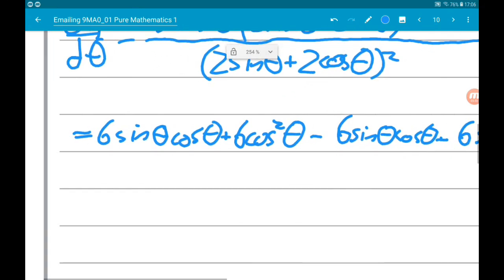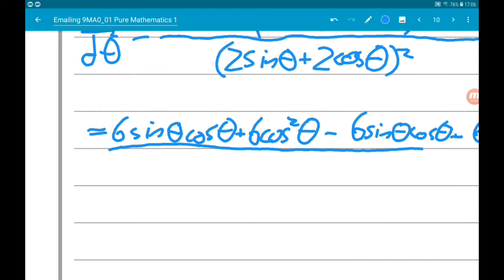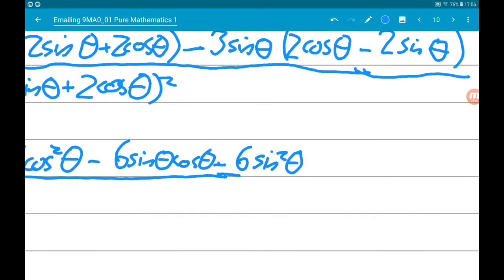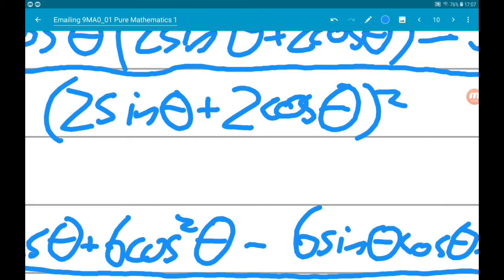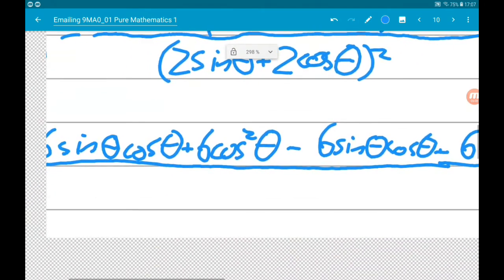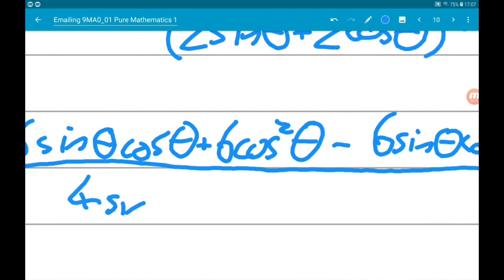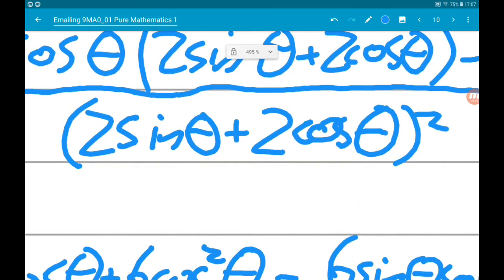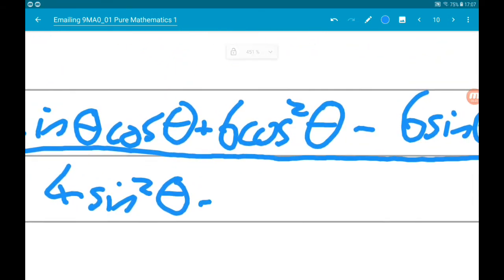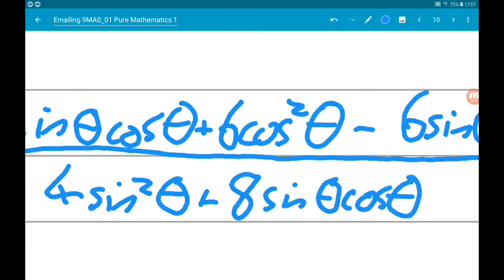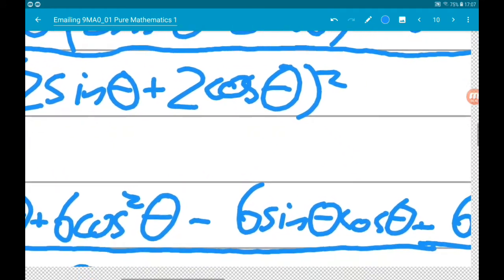Now that is all over. So 2 sine add 2 cos all squared is going to give us 4 sine squared, and then we're going to get 2 lots of 2 sine theta times 2 cos theta, so that's going to give us 8 sine theta cos theta, and then we're going to get 4 cos squared theta.